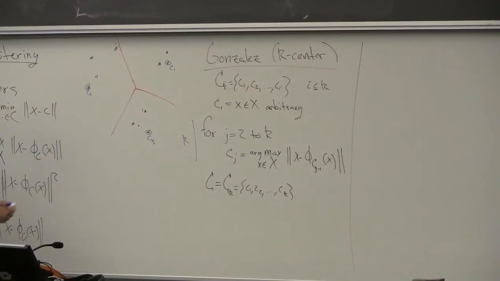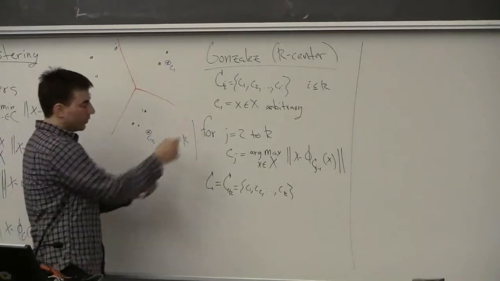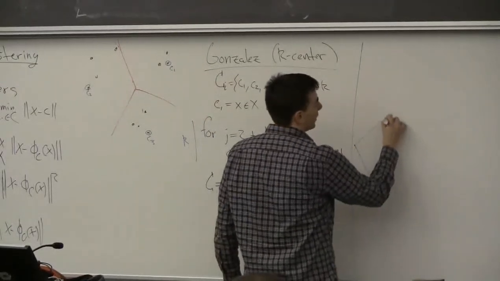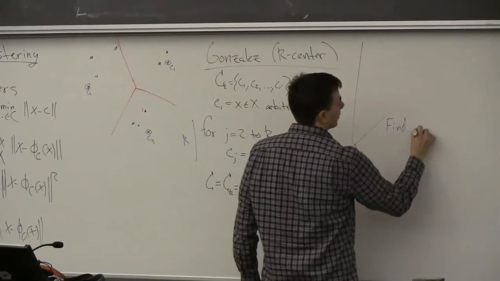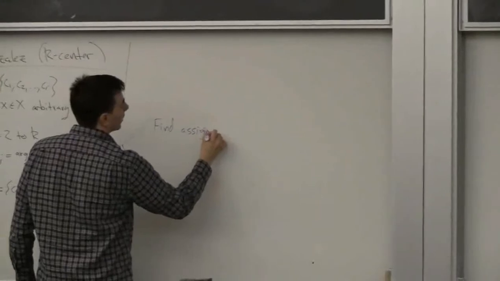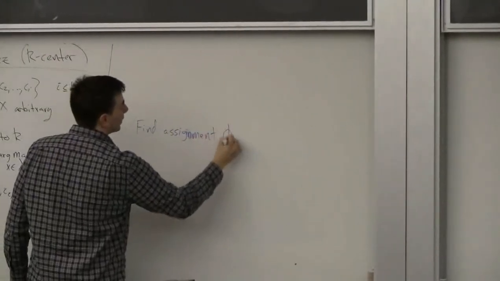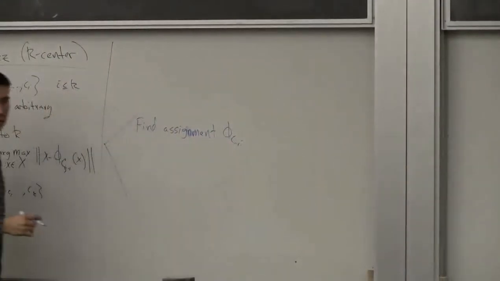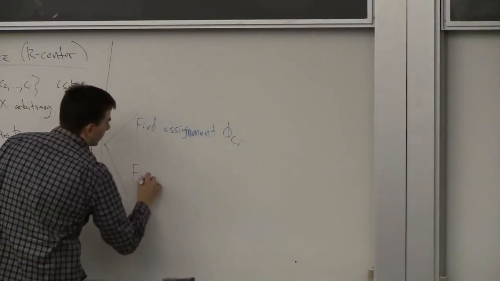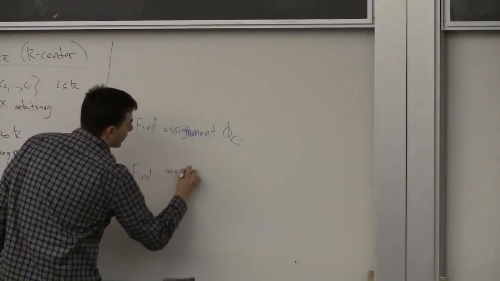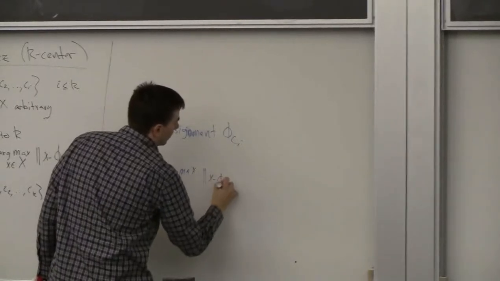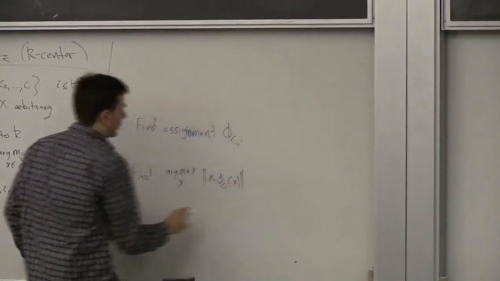I actually need to do 2 things in here. The first thing is I need to find the assignment function c_i. The other thing is I need to find the argmax.